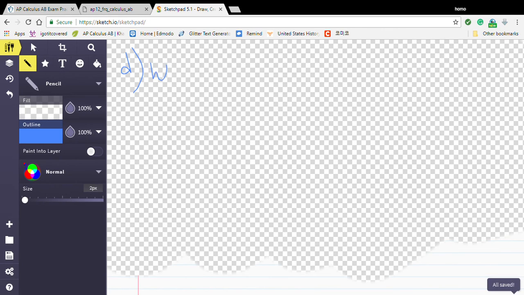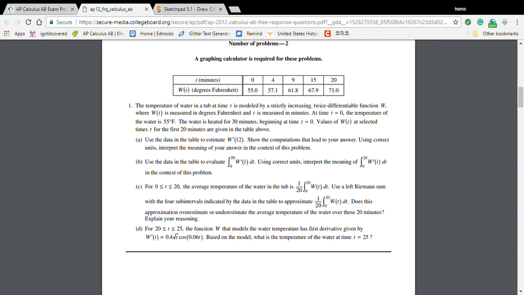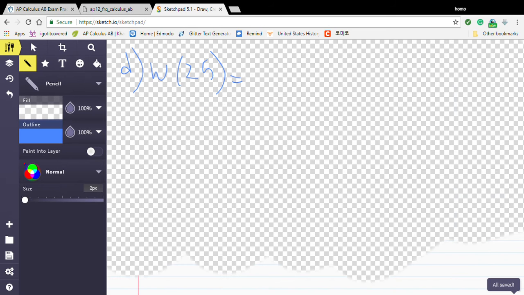So W of 25. In this case our initial is 20. This is W of 20 plus the integral from 20 to 25 of W prime of t.